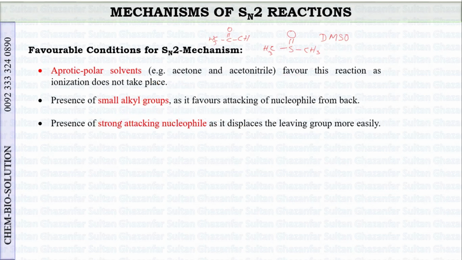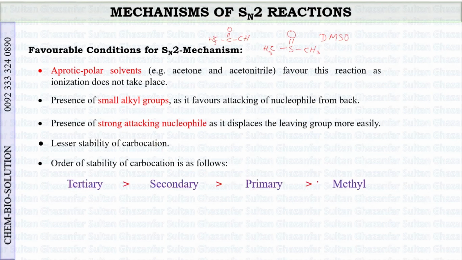So our nucleophile should be a stronger one that can ease the breaking of the carbon-halogen bond. Less stability of carbocation also favors it. Definitely the primary carbocation is less stable, so methyl and primary carbocations easily undergo the SN2 mechanism.